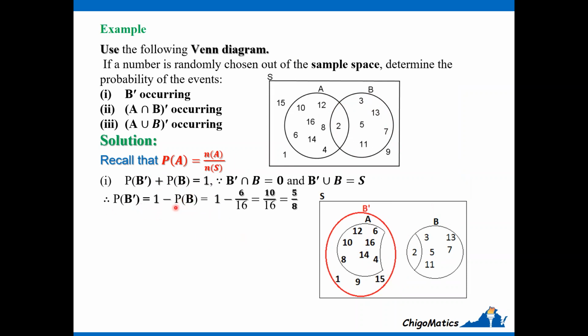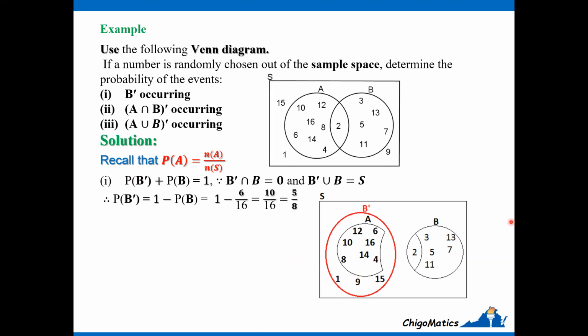So I then have to use that. But all the same, if you didn't use the idea of the sets being complementary, and we count the probability of B complement, counting how many elements are in B prime, we have 1, 2, 3, 4, 5, 6, 7, 8, 9, 10.